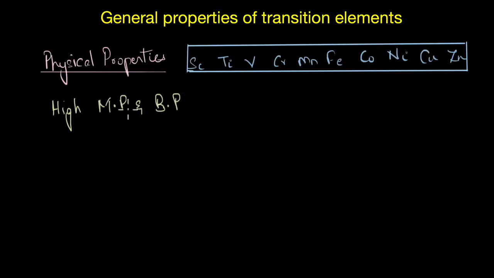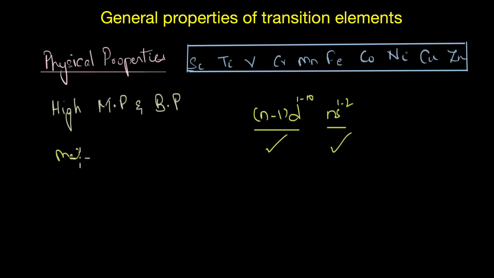But in the case of transition elements, what is the outer electronic configuration? It is (n-1)d 1 to 10, and ns 1 to 2, right? Now the energy difference between the ns electrons and the (n-1)d electrons is quite low. And that is why electrons from the (n-1)d subshell also participate in metallic bonding along with the ns electrons.